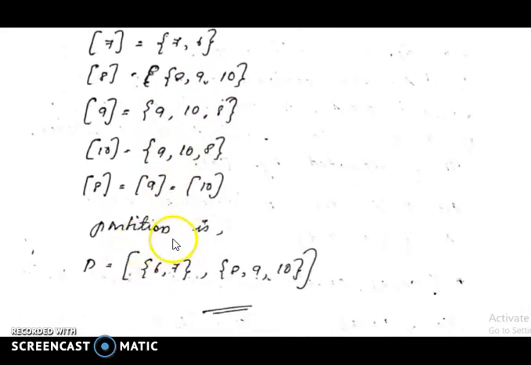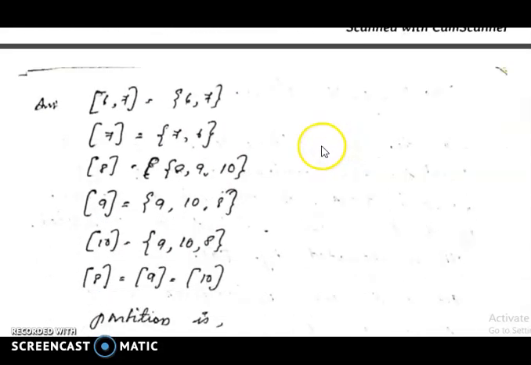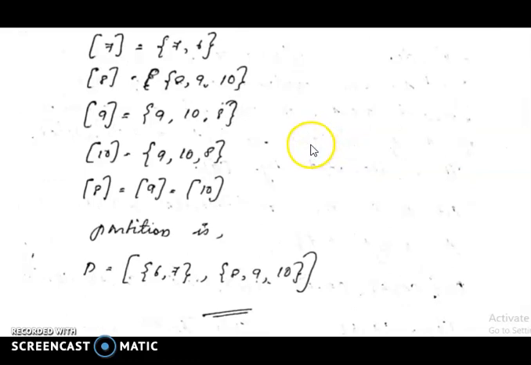And what is the partition? One more question here: find the partition of A. Partition means the union should be the main set and the intersection should be empty. We have learned the definition of partition. So from this you can take the partition: {6, 7}, then {8, 9, 10}.